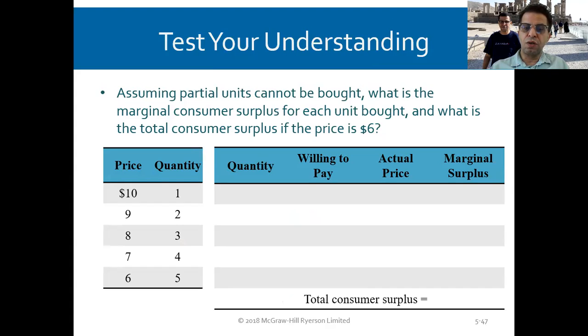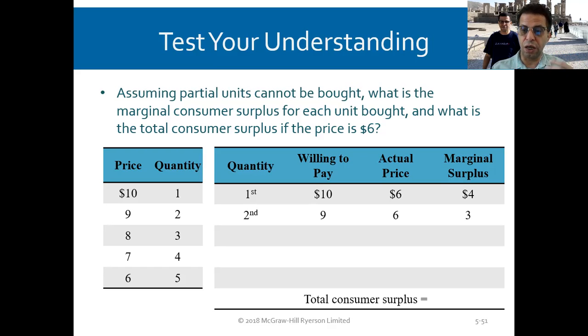Now, assuming partial units cannot be bought, what is the marginal consumer surplus for each unit bought, and what is the total consumer surplus? Same as the graph: at one quantity you're willing to pay $10, and the actual price is $6. So you are happier because you saved $4. The second one, you're willing to pay $9, but the actual price is $6.